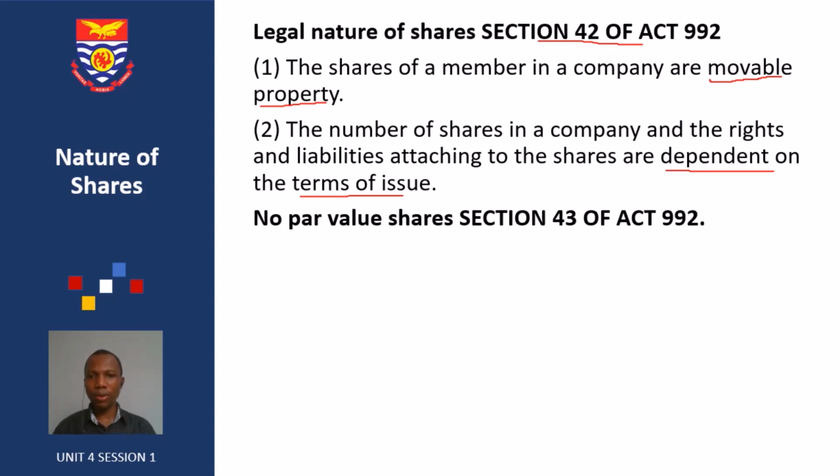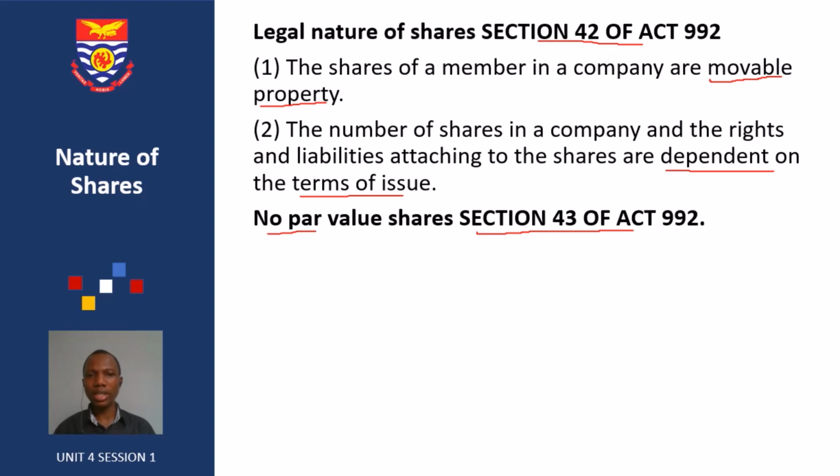Now, Section 43 of Act 992 indicates that shares shall be issued at no par value. This simply means that the constitution of the company will not state a specific value for each share of the company.